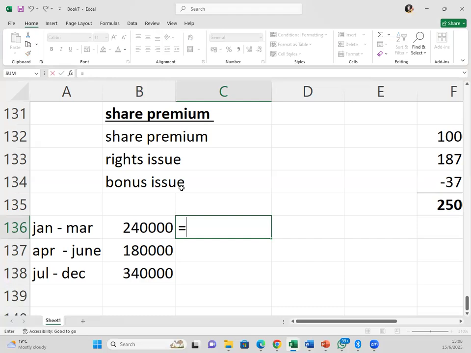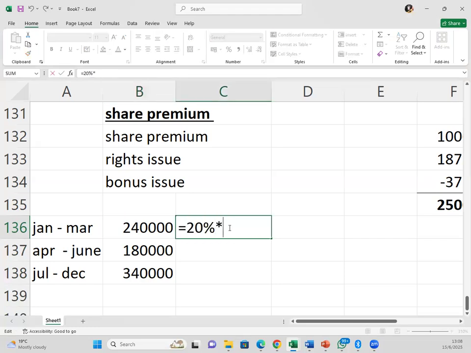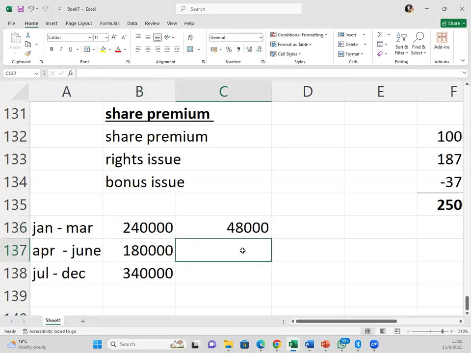So what do you do here? You can calculate the depreciation at 20%, but this will give you the depreciation for the whole year. So if you say 20% of 240, this will give you the depreciation for the whole year.